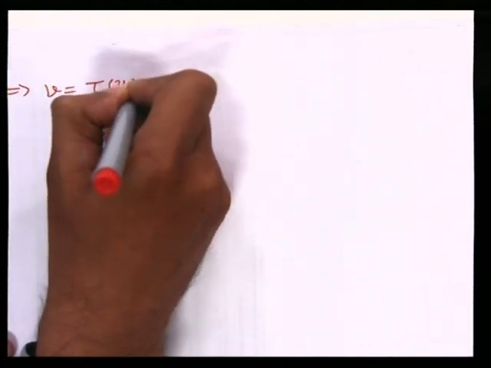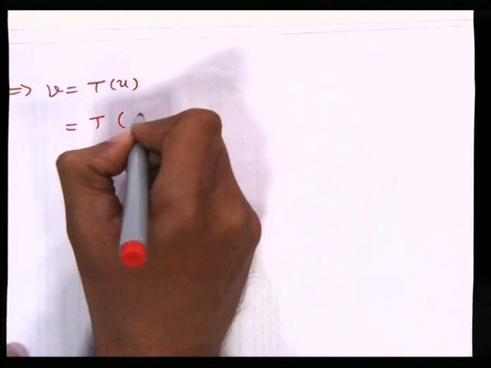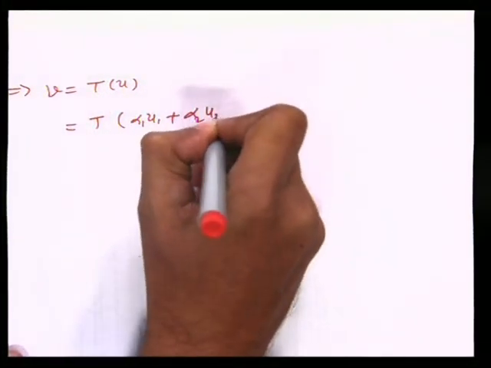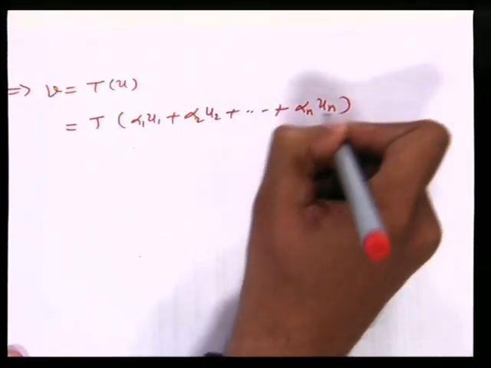We have to show that this v belongs to the span of T(u1), T(u2) up to T(un). So we can write v equals T(u) equals T of, now we have u is alpha 1 u1 plus alpha 2 u2 plus up to alpha n un.